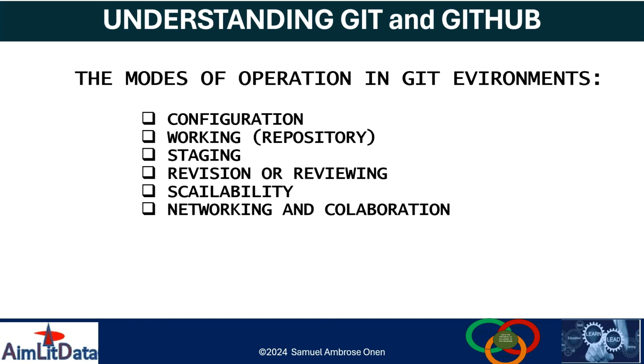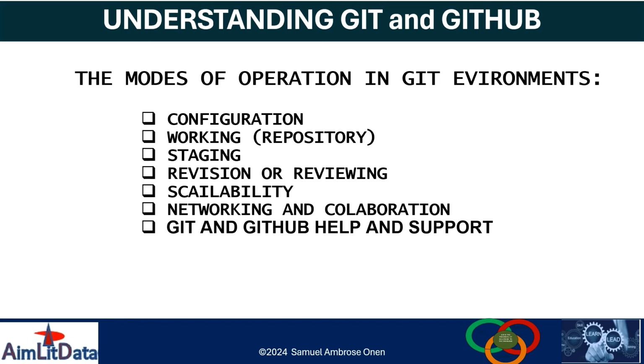Remember, GitHub hosts Git repositories, and you can create a GitHub repository inside GitHub so that you can share your code with others according to how you want it. My friend, as we go along, we'll be making proper use of Git and GitHub help and support, because they are there for us to use them.